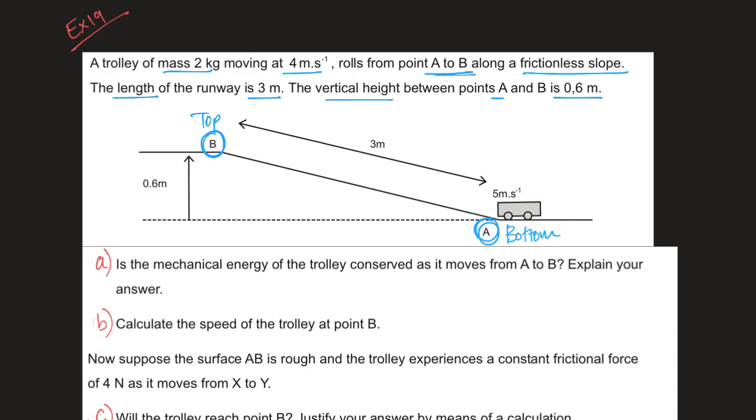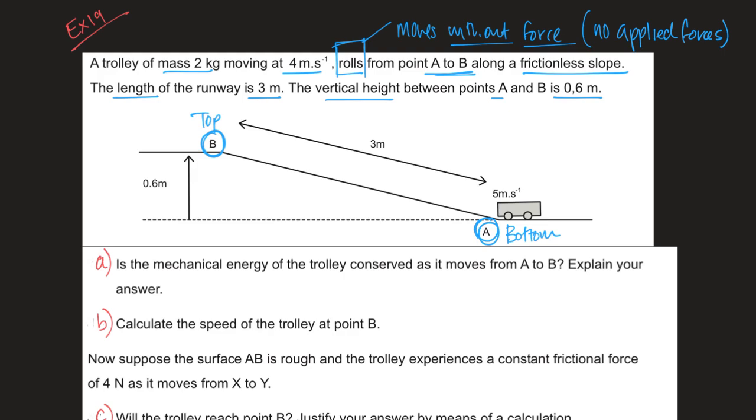The one thing that may confuse you is this word here, rolls. Now rolls tells me it moves without force, as in no applied forces. That is important because it tells me that I've lost a non-conservative force.